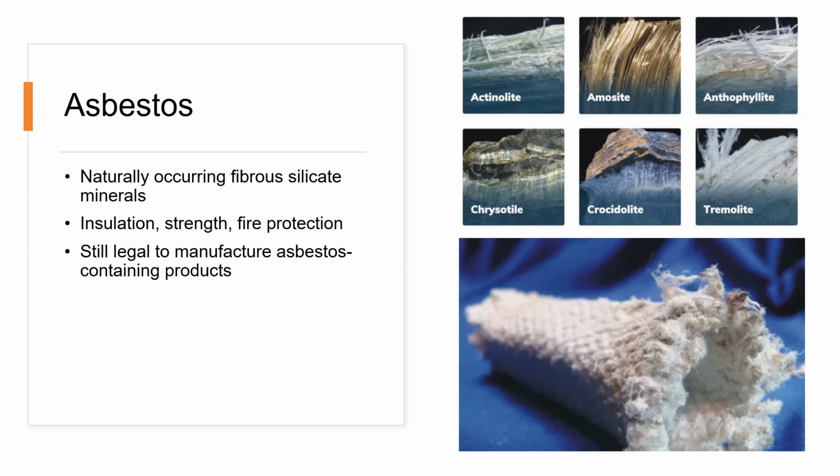The EPA actually attempted to ban the manufacturing of asbestos in the 80s and the 90s in the United States, but this ban was overturned, and therefore it is still legal to manufacture asbestos products. However, it is much less common in the United States to use asbestos in the manufacturing process.